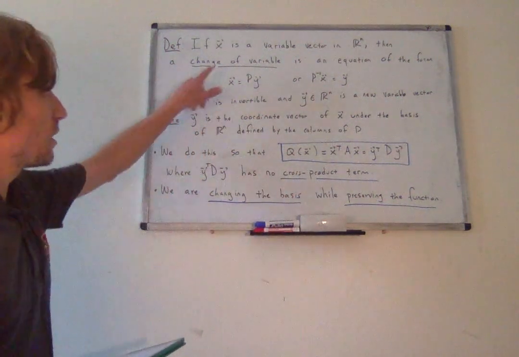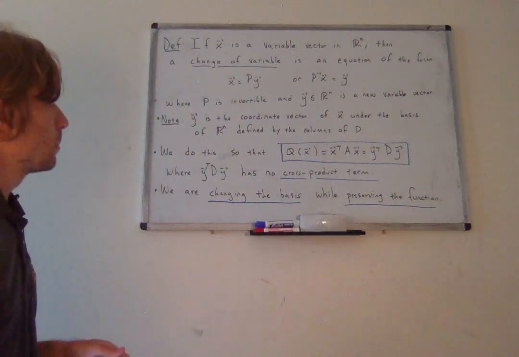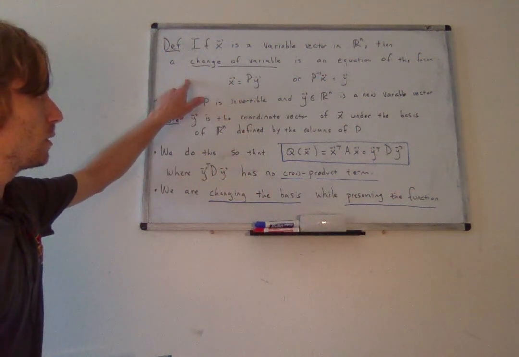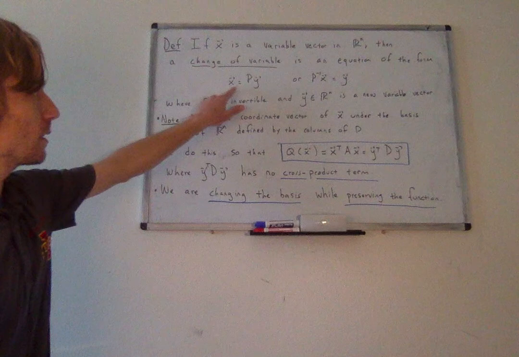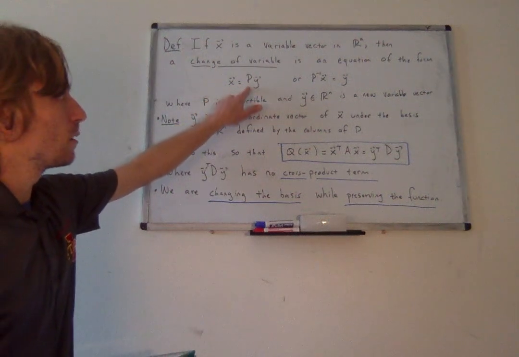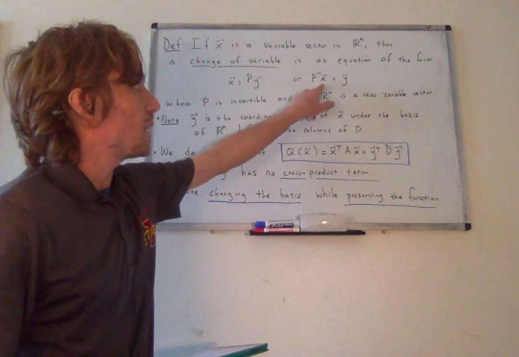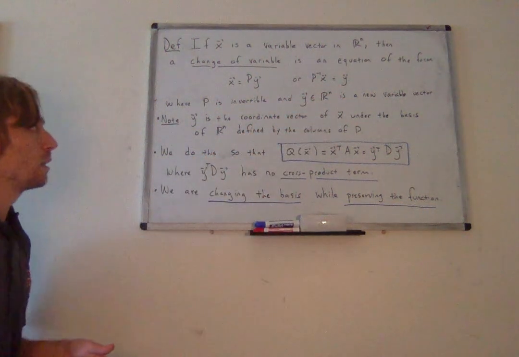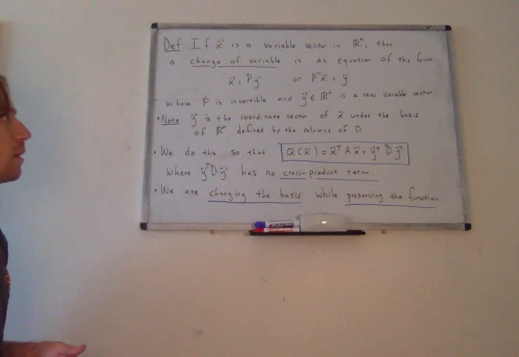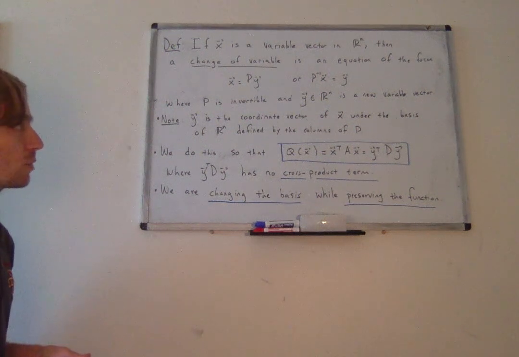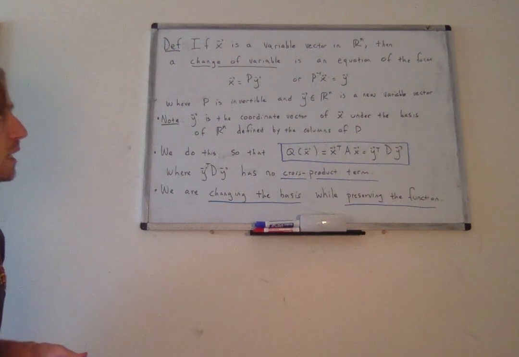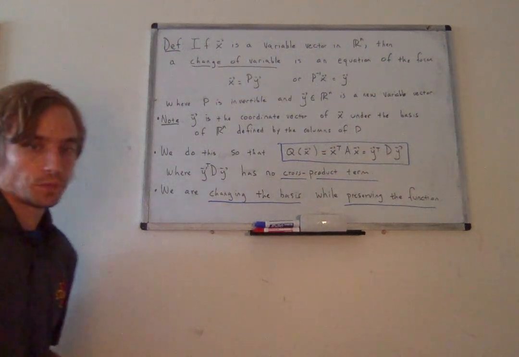If x is a vector of variables in Rn, then a change of variable is an equation of the form x equals P times y, or equivalently, P inverse times x is equal to y, where P is an invertible matrix and y is a new variable vector.